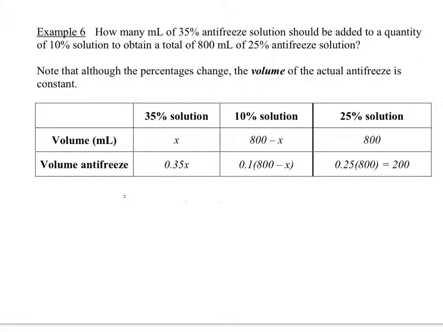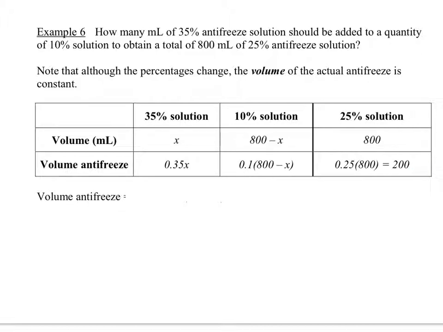Now the total volume of the antifreeze is constant. It's 200 altogether, and we have an expression for how much comes from the strong solution and how much comes from the weak solution. So this plus this should be equal to 200.